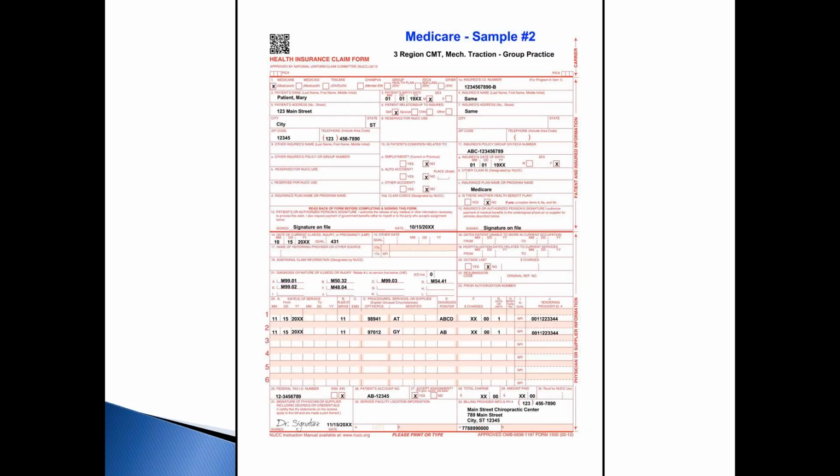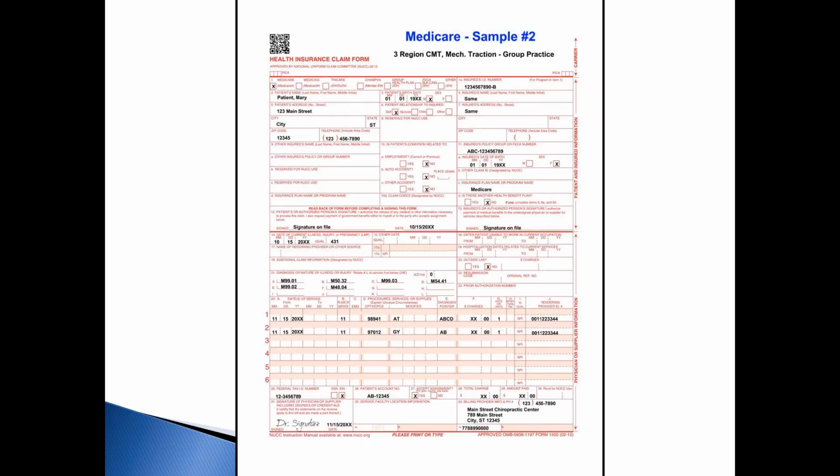D, M54.41, that's sciatica with low back pain on the right side. So that's where I'm doing my chiropractic adjustments. I'm also doing my adjustments on M99.02, which is thoracic subluxation, and M48.04 is thoracic stenosis. So I'm doing my chiropractic adjustment on 3 regions. There are the 3 subluxations and the 3 secondaries.